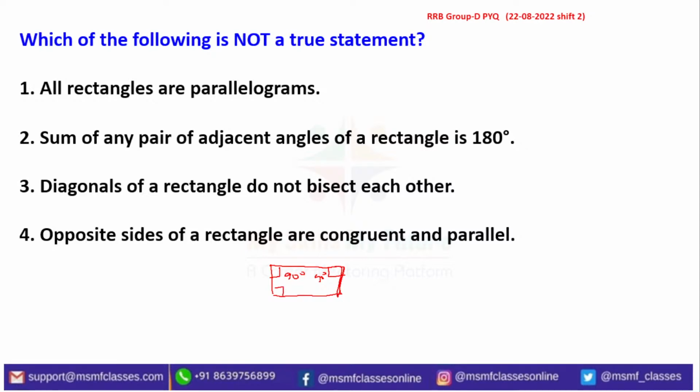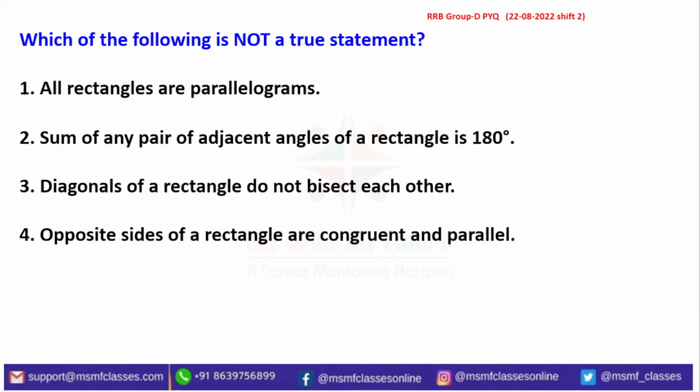So 90 plus 90 is 180. Suppose this is angle A, this is B, this is C, this is D. So angle A plus angle B is equal to 180, which is true.